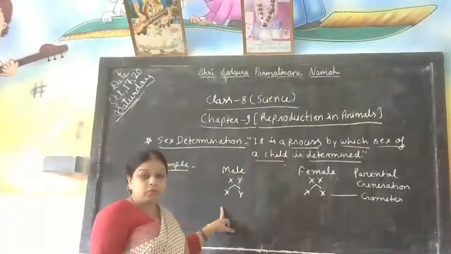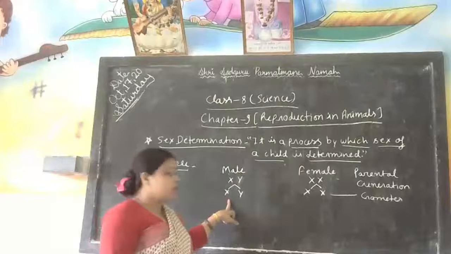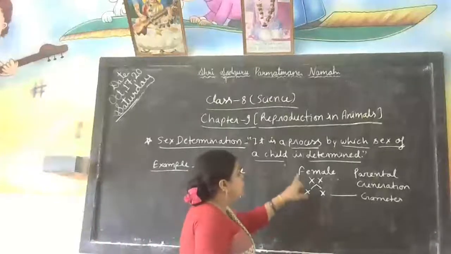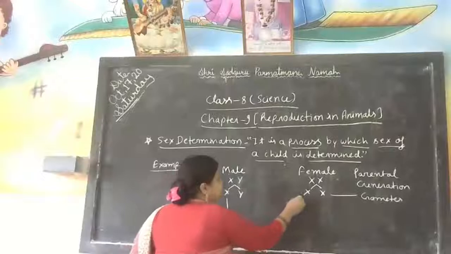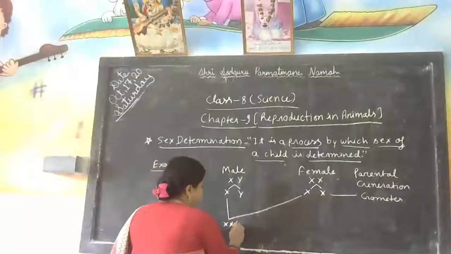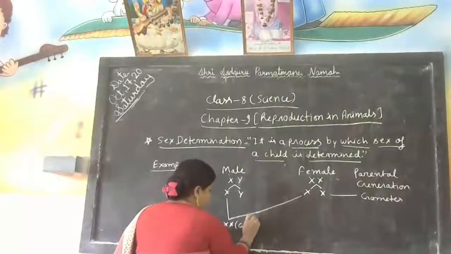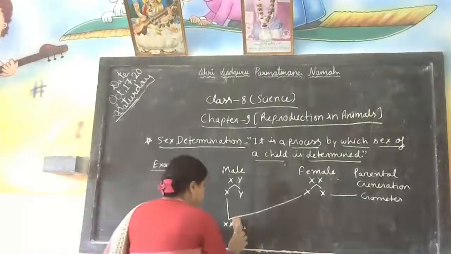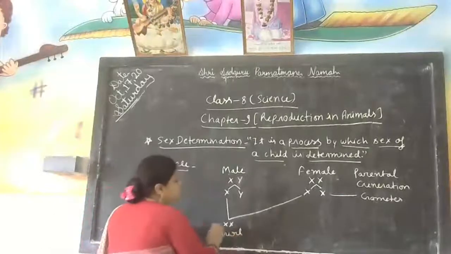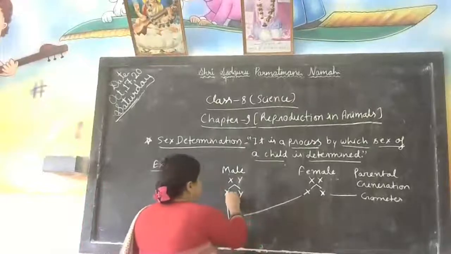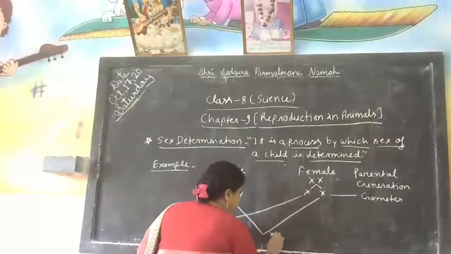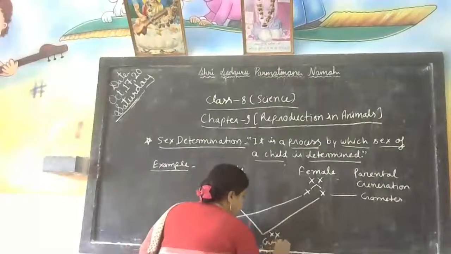Okay, so when this X chromosome, or we can say this X gamete, fuses with the female X gamete, then this X again fuses with the X, then the child will be a girl.